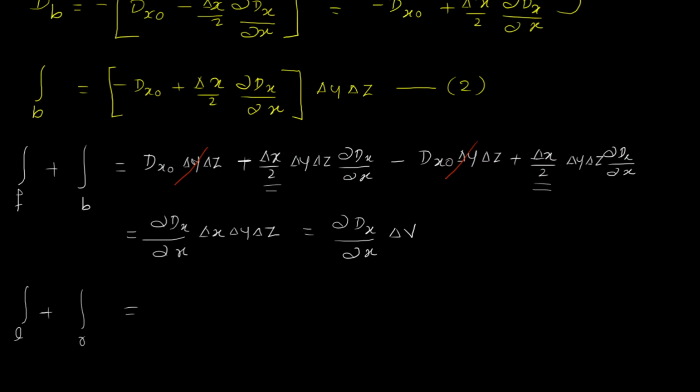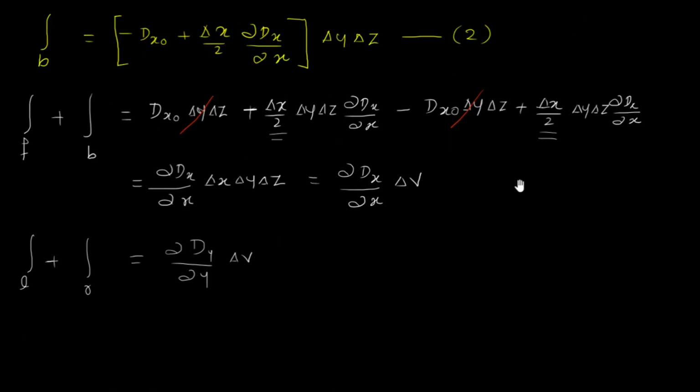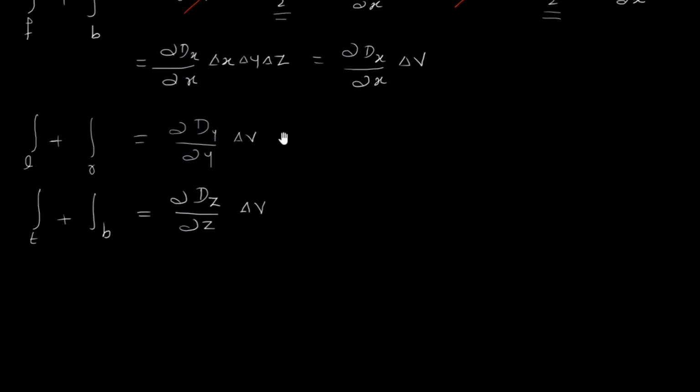Left plus right will be, as I told, the partial differential of the y component of D with respect to y into volume, and if I evaluate the top and bottom surfaces, I get partial dDz by dz times delta v. Now I have to add all these 6 surfaces together to get my total evaluation of D dot dS.